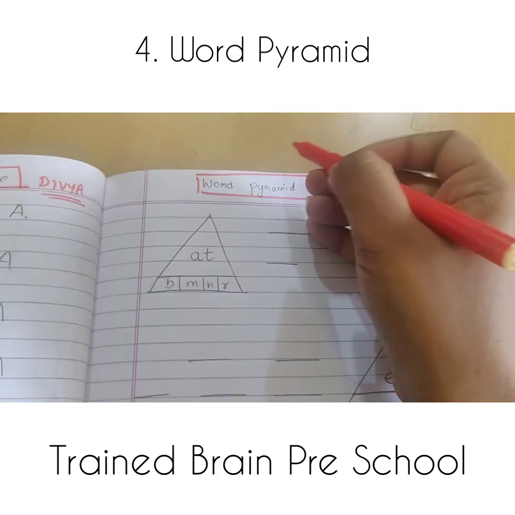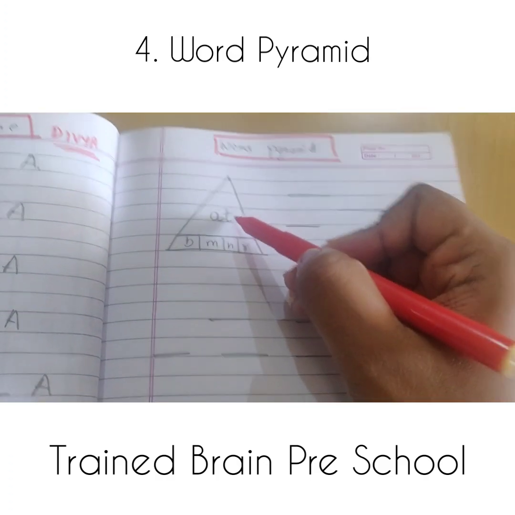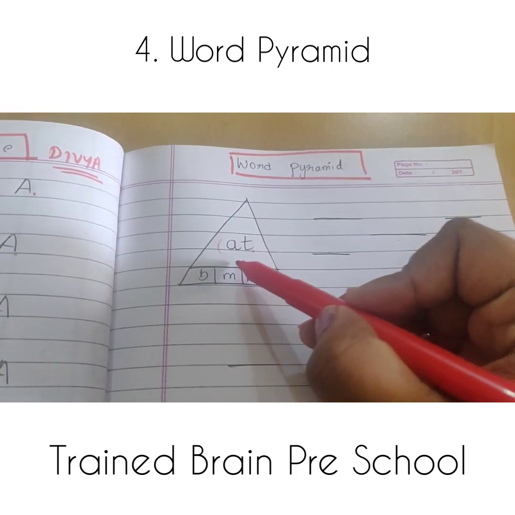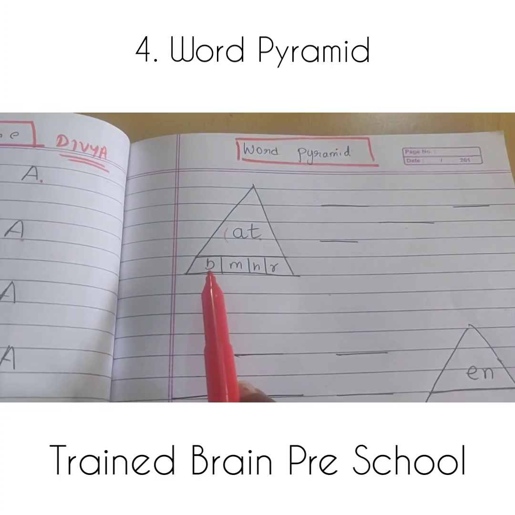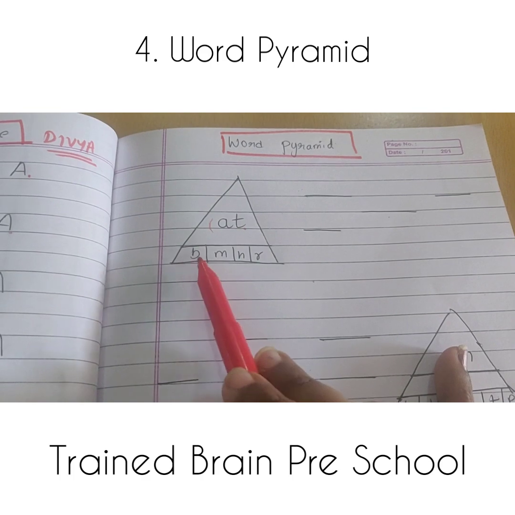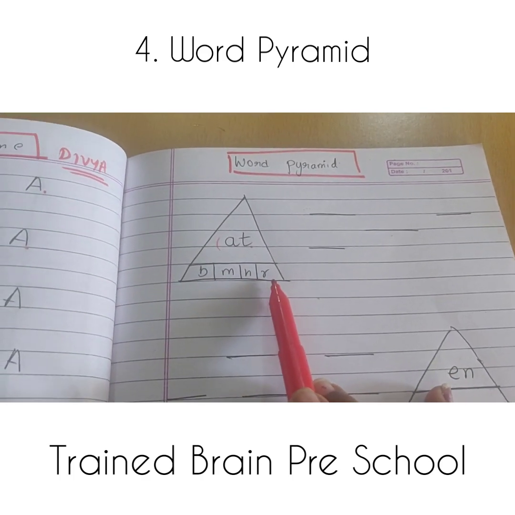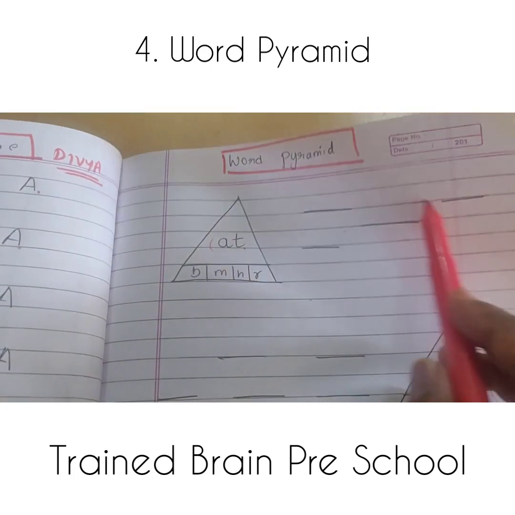Learning about the word pyramid. Now if you see there are some family words, like this is the at family, and we have the consonants b, m, h and r. So we have to use these consonants and completely fill in the word.